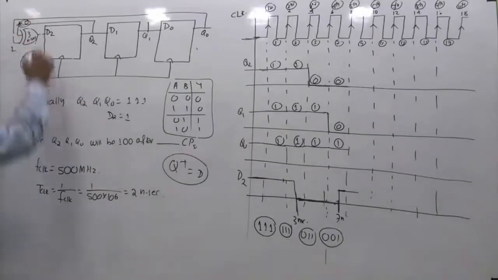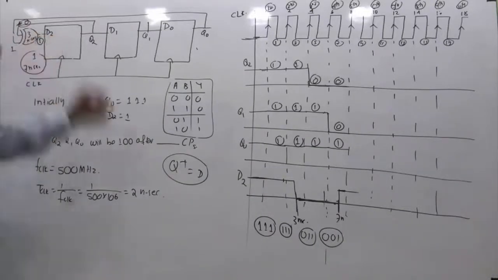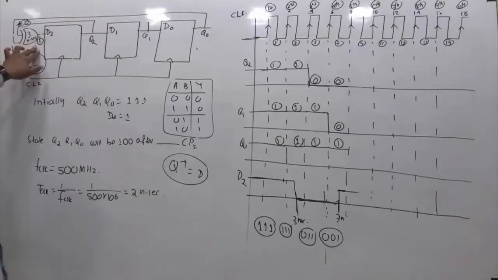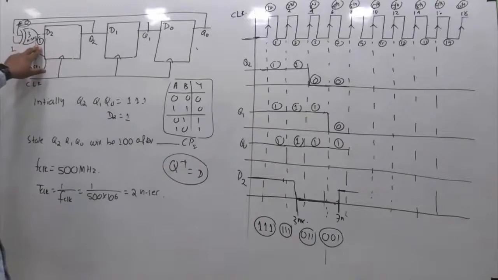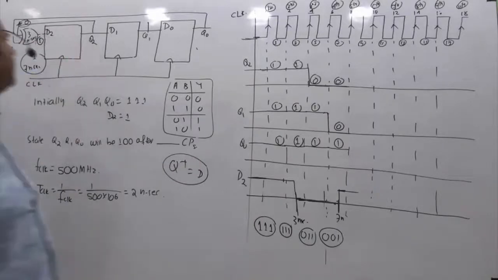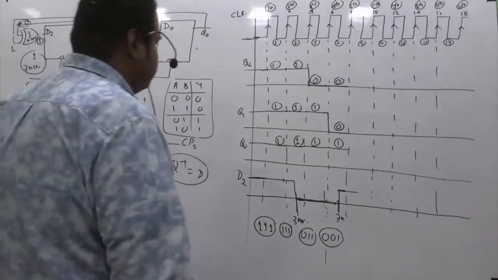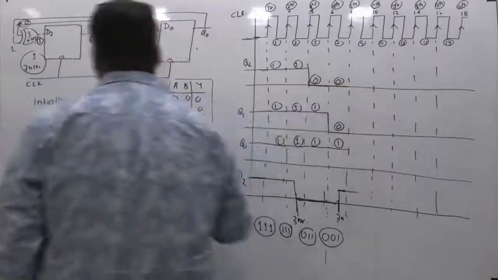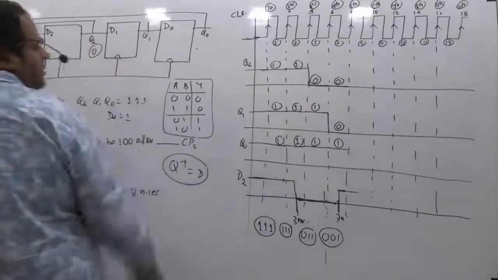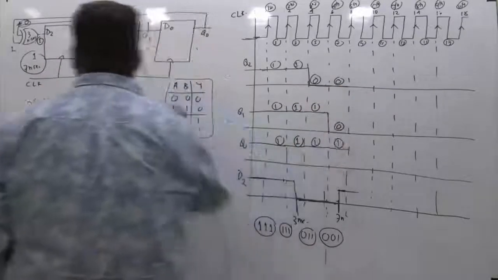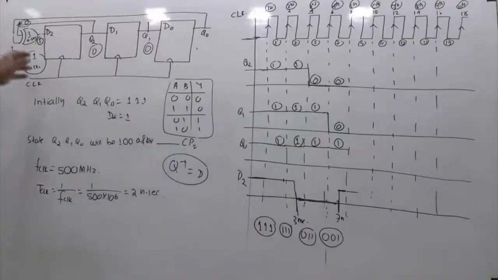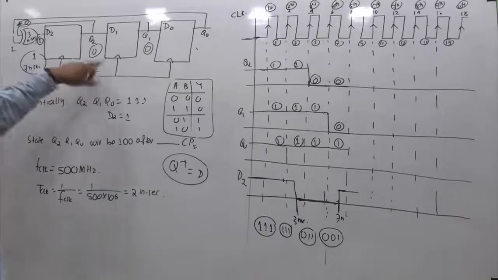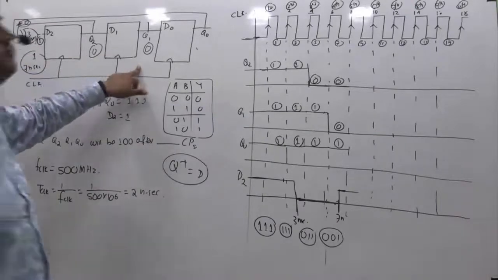At 7 nanoseconds itself this is 1, and we are checking just before 8 nanoseconds. Now I should ask what Q2 and Q1 are. Q2 is 0 and Q1 is also 0. So these are the states of D2, Q2 and Q1 before I gave the fifth clock.